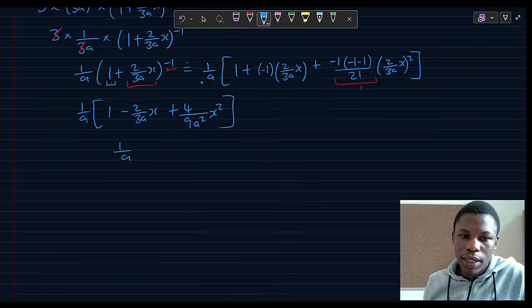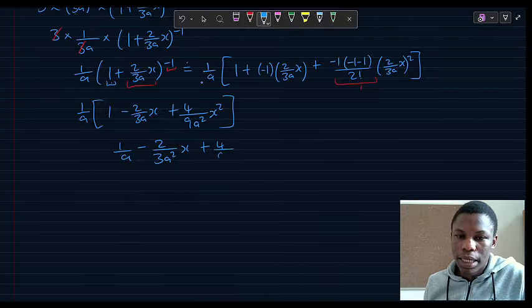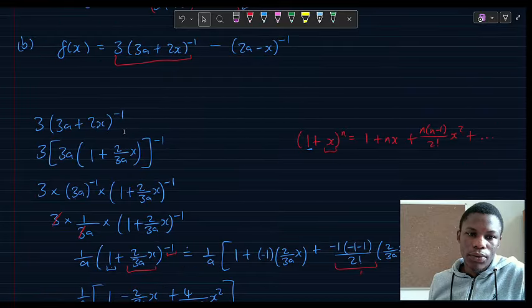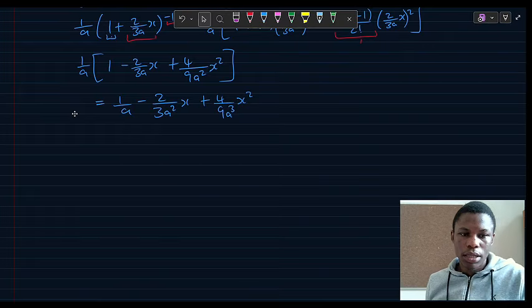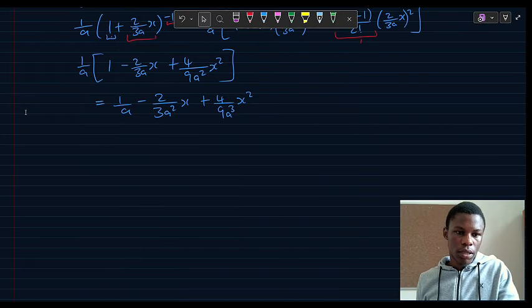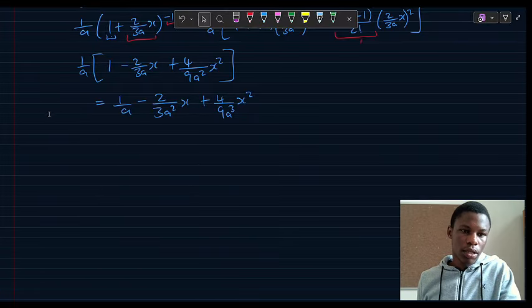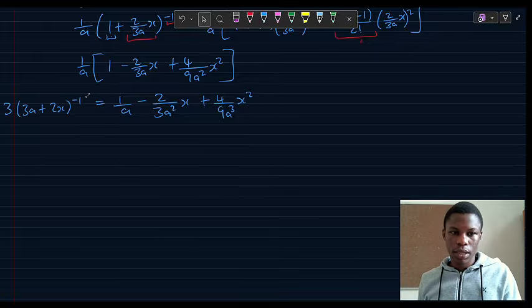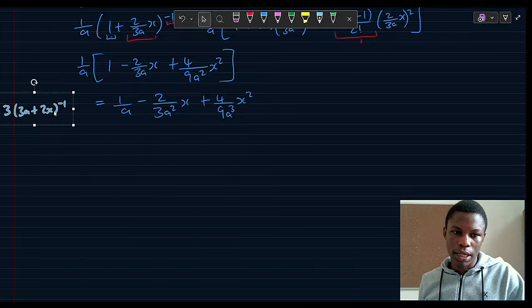So you've got 1 over a minus 2 over 3 a times a, so a squared x plus 4 over 9 a squared times a, so a cubed x squared. And this here is the expansion for this. It's the expansion for 3 times 3a plus 2x to the negative 1.